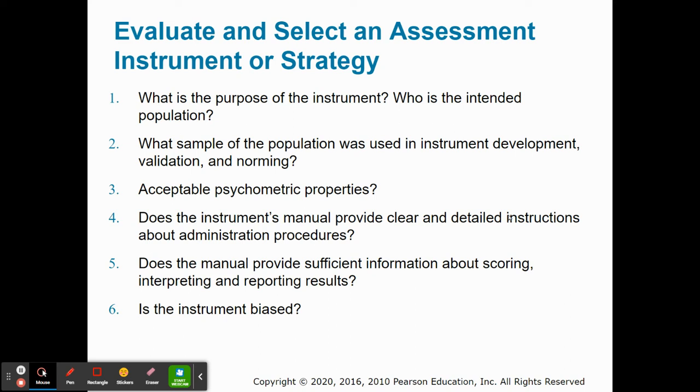The MMPI and intelligence instruments are something that at a master's level you would be doing under the supervision of someone with a doctorate. So there should be someone you can go to to answer questions and to gain expertise.